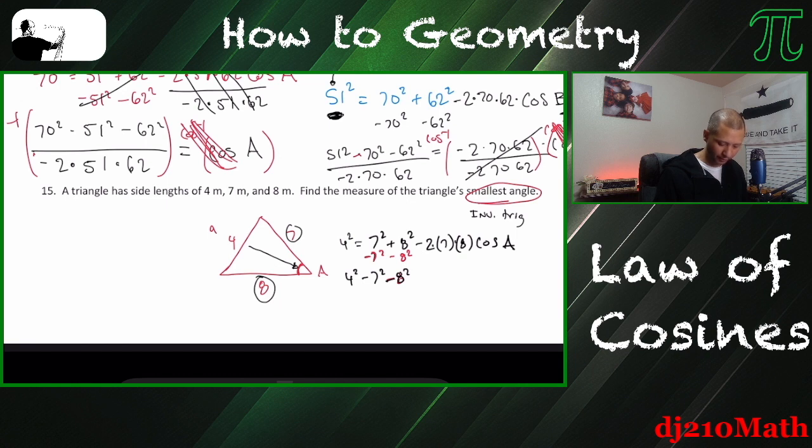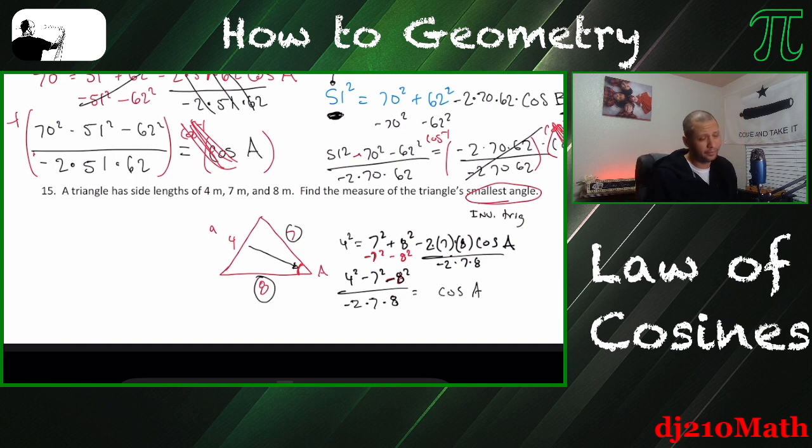So you have to divide both sides by -2, 7, and 8. Well, they're being multiplied. All right, and this is going to equal cosine of A.